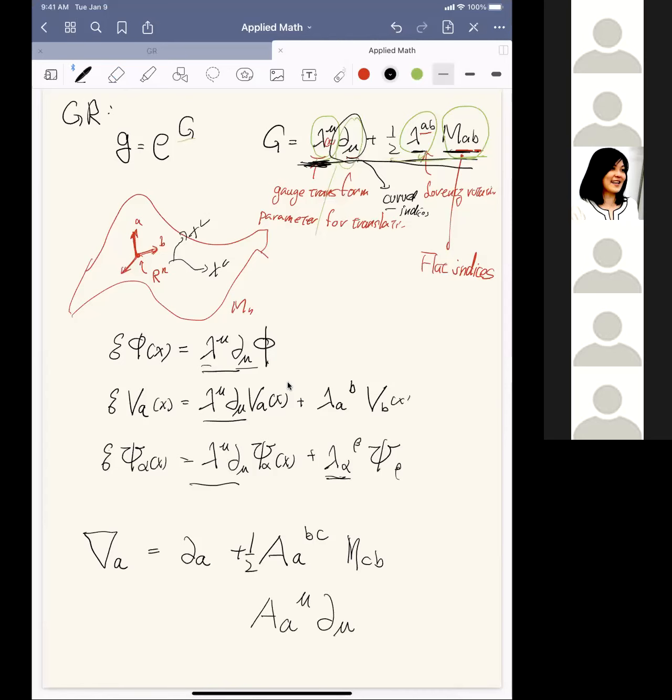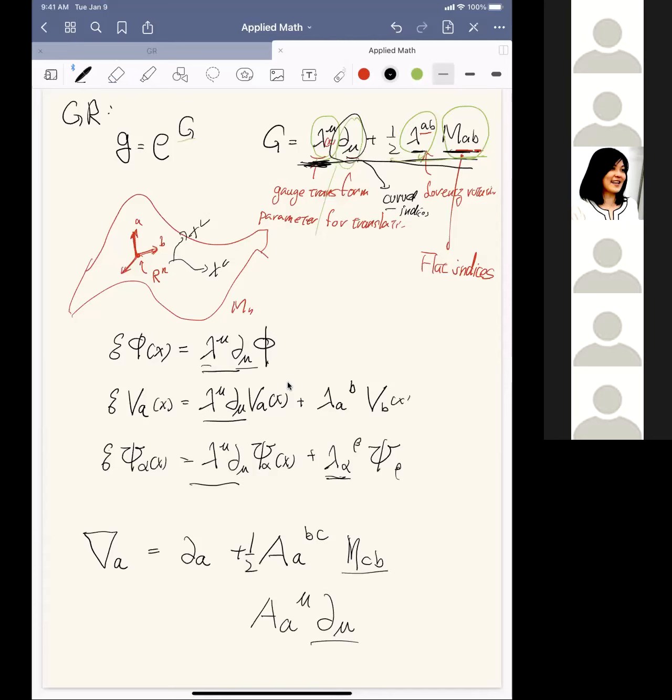This is our standard SOP. Once you have some symmetry group that you're trying to make into a local symmetry, you identify the generators of the group, and then you write down your covariant derivative, where the correction terms have to be proportional to the generators.